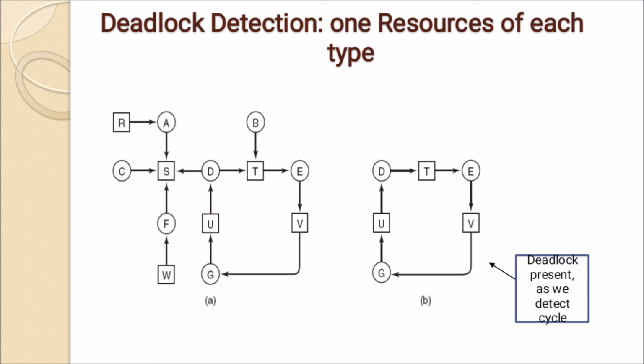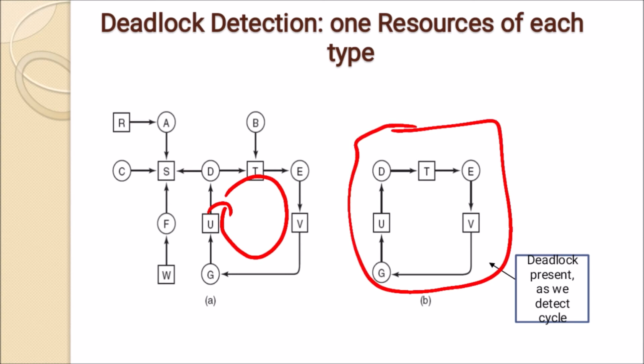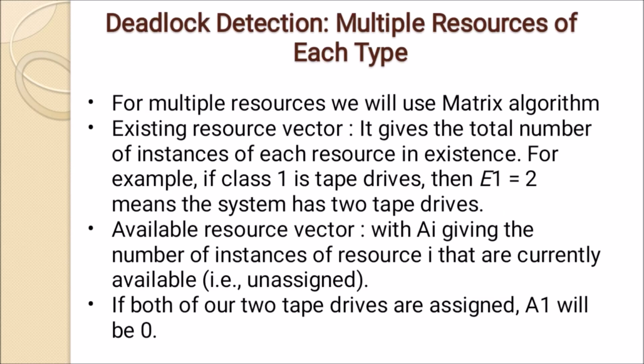Yes, this is the cycle present. So we can say that deadlock is present as we detect a cycle. So from this graph we can directly say whether there is a deadlock present or not.